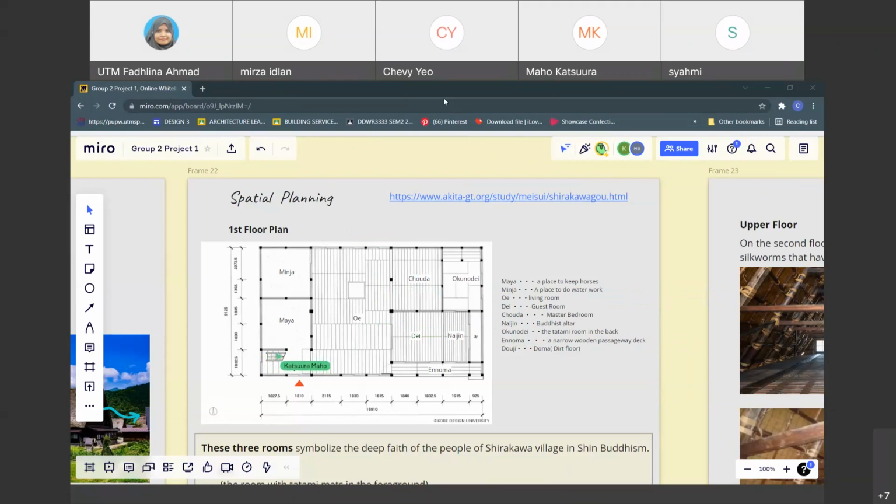I'm not sure, but I think there is a sliding door. Where is it? The Maya, on the left, yes. Okay, so please check. Let's see. Is it over here? I think maybe. So you need to check, Maho.